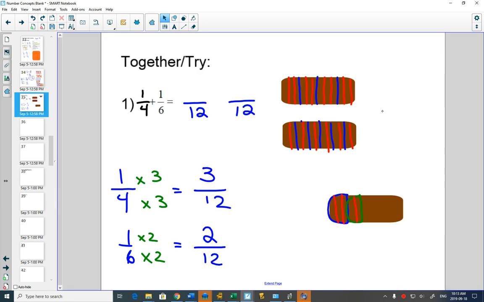We have 3 12ths plus 2 12ths. If we add those up, how many pieces do we have in total? We have 5 pieces out of the 12.